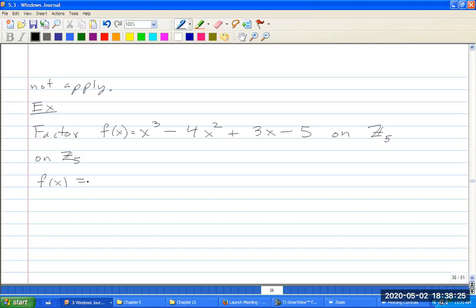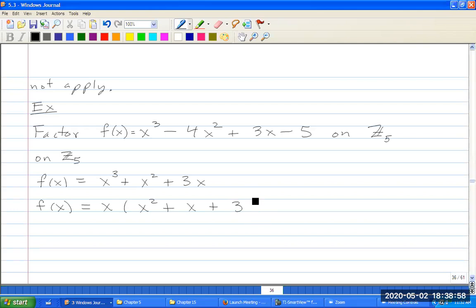I can always add a multiple of 5 to make it look simpler. So this is x cubed. Let's add 5 to the negative 4 to make it x squared, and then plus 3x. Let's add 5 to the negative 5 to make that 0. Okay, so I can factor this as x times x squared plus x plus 3.